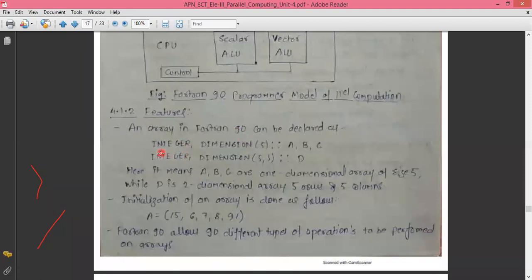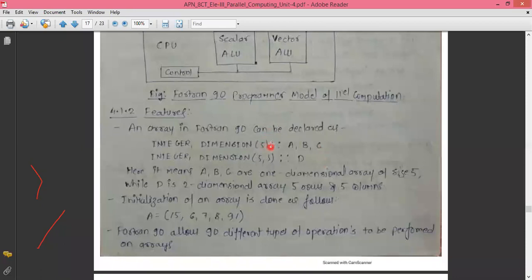The word INTEGER, which is a data type, which you are already aware of, followed immediately by a comma, then a space, and then DIMENSION in uppercase, followed in parenthesis by some size, then the scope resolution operator followed by A, B, C. This indicates that A is an array of size 5, B is again an array of size 5, and C is again an array of size 5.